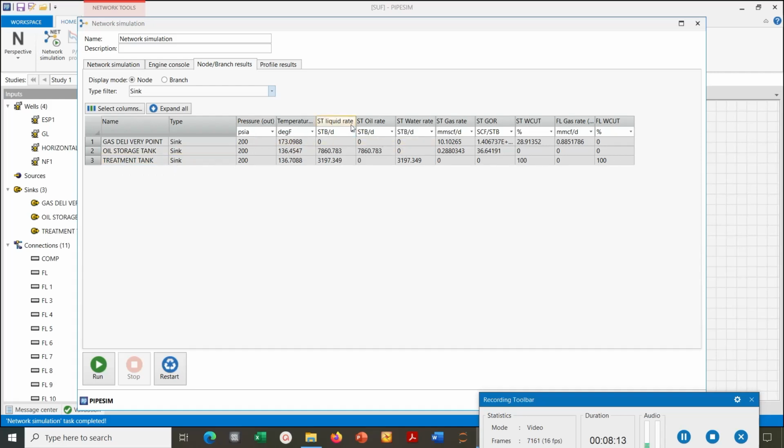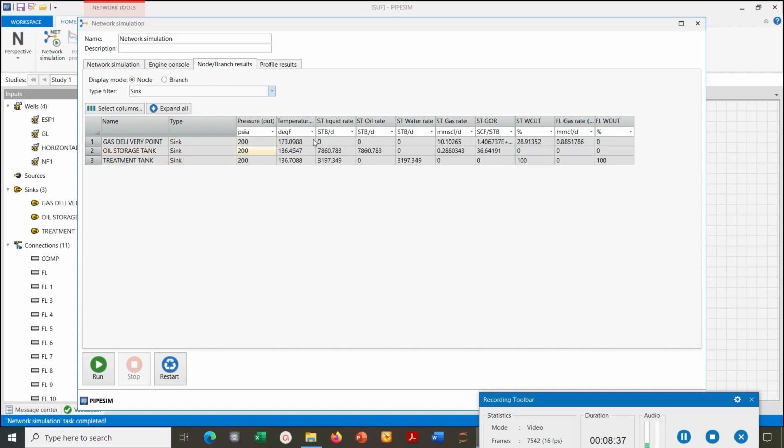So let's see, under gas, there was no liquids, oil 0, water 0. Then gas is 10,000 million standard cubic feet per day.